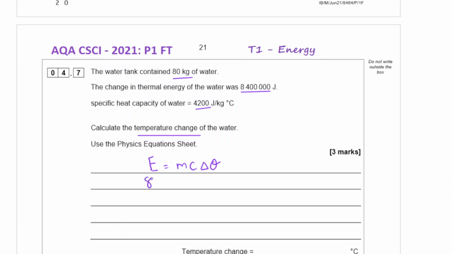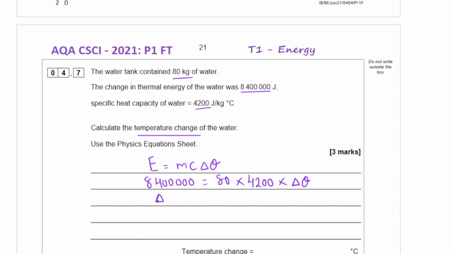So 8,400,000 equals the mass, which is 80, multiplied by the specific heat capacity, which they have actually given us, 4,200, multiplied by the temperature change, delta theta.